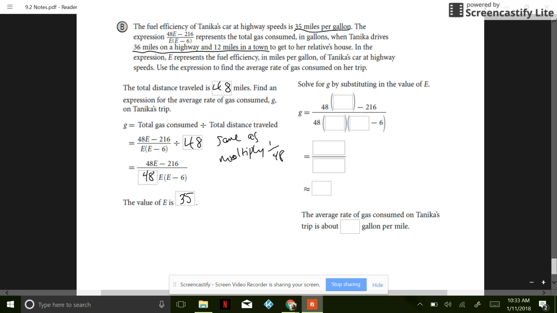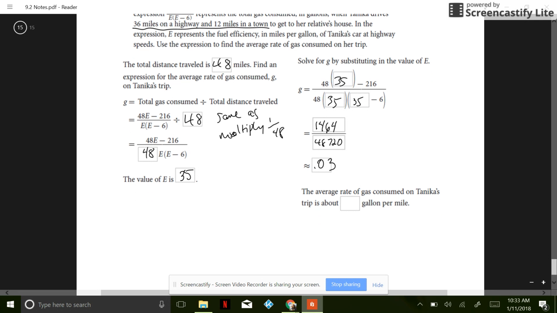So we can solve for G by substituting in the value of E. So we plug in 35 anytime we see an E. And doing that algebra there, plugging it into your calculator, you should get 1464 divided by 48,720. So when you divide, you get about 0.03. So the average rate of gas consumed is about 0.03 gallons per mile.